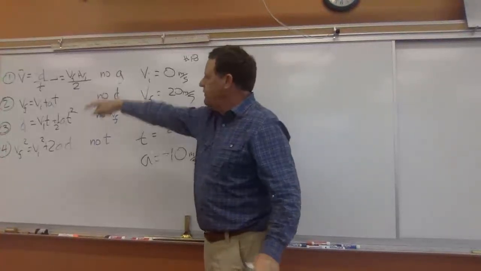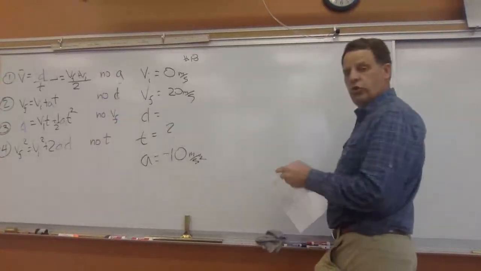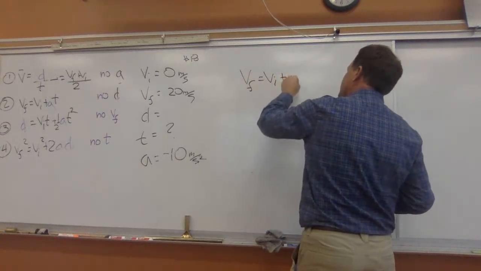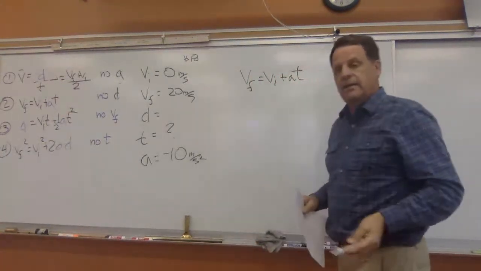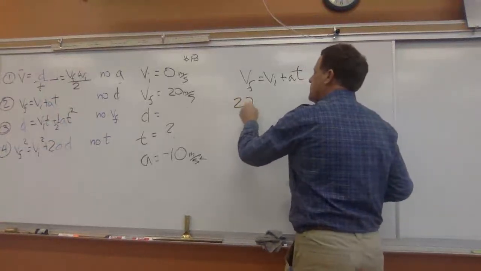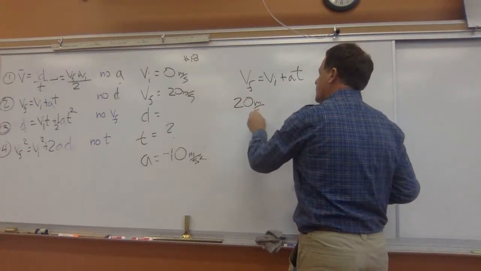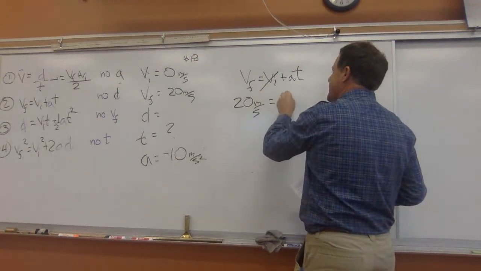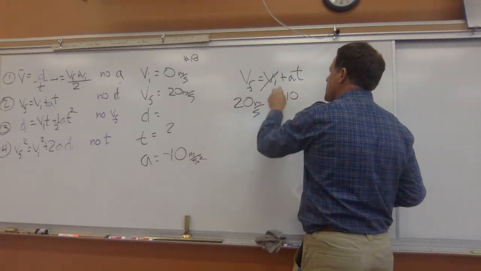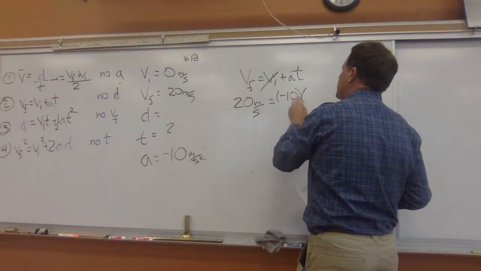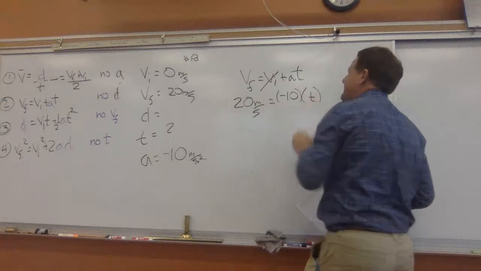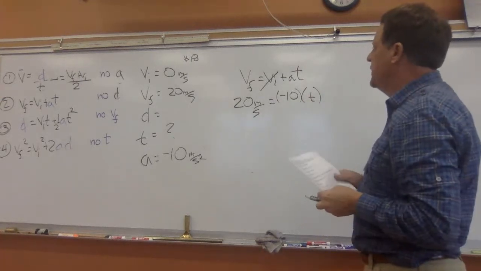This is the equation that doesn't have distance, so we're going to use equation number 2. So V final is equal to V initial plus AT. So this is going to be 20 meters per second is equal to 0 plus -10 times t, okay?